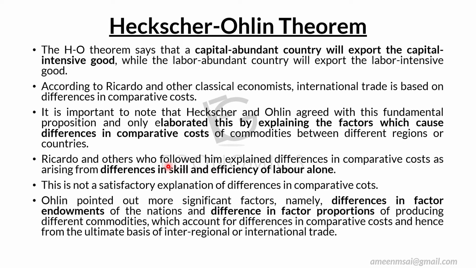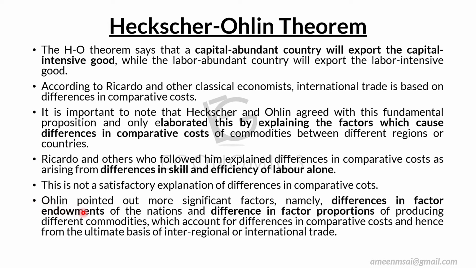So the skill and the efficiency of labor in different countries might be different, and Ricardo and others who followed him explained that as the only reason for the difference in the comparative cost. But this is not a satisfactory explanation.